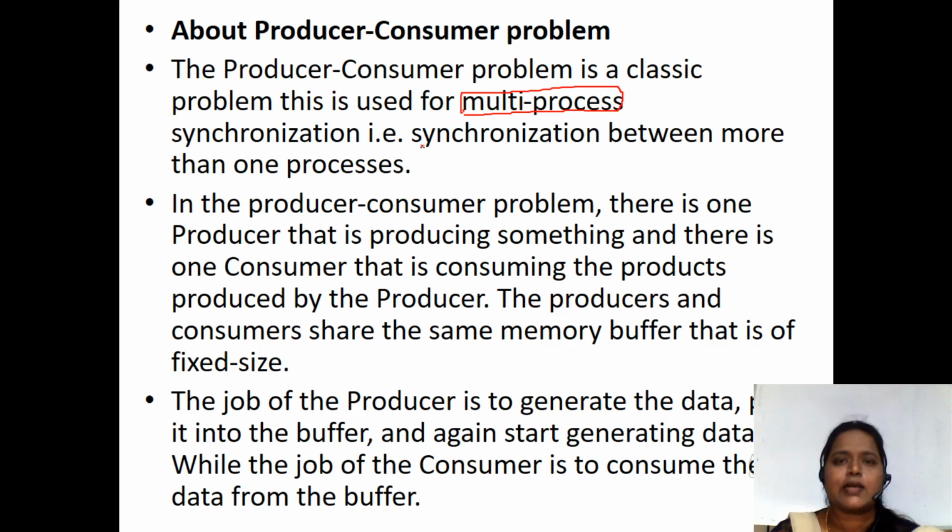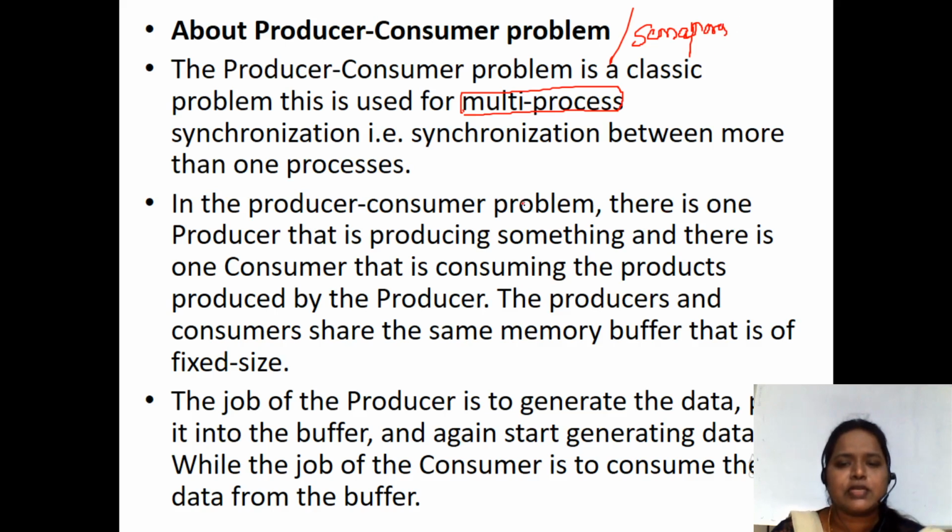In order to overcome that drawback, we have gone for the producer consumer problem. The main advantage is that we get synchronization among multiple processes by using the producer consumer problem with semaphores. Here we are going to solve this with semaphores.